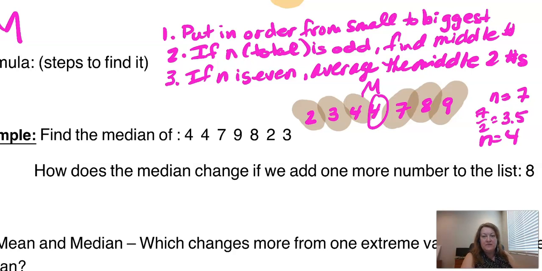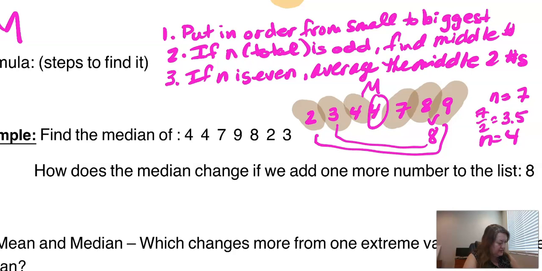How does the median change if we add 1 more number to the list? Let's say that we added 1 more 8 to the list. If I put another 8 in here, what would happen? Well, the 9 would cross out with the 2, this 8 would cross out with the 3, and this 8 would cross out with the 4. We now have n equals 8 numbers.